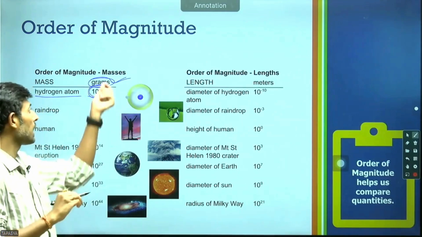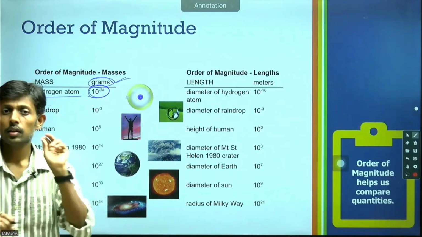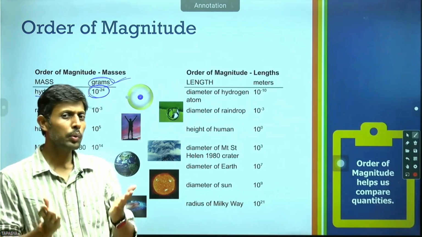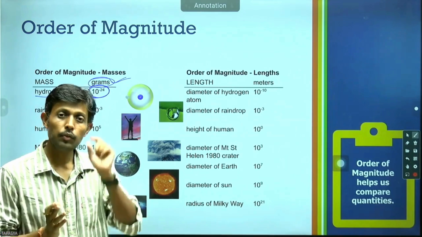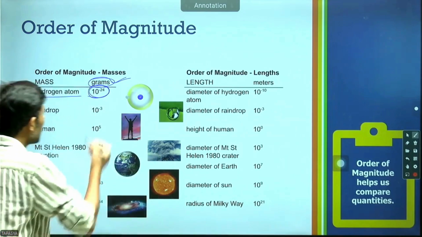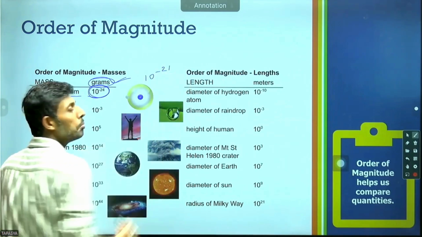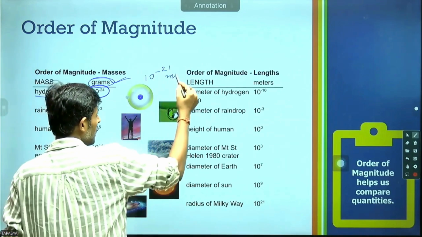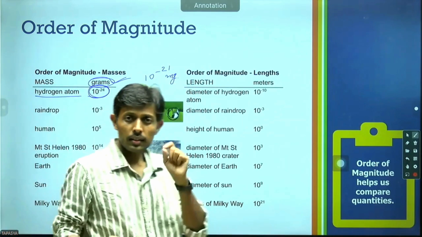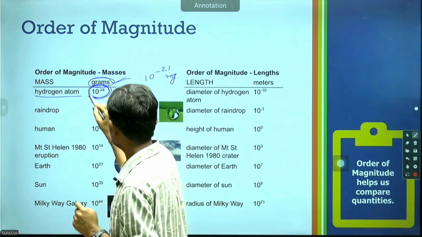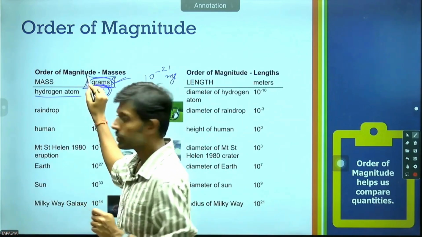Even if you measure it in milligrams, it would be 10^-21 milligrams. So this is the order if we are measuring it in grams.